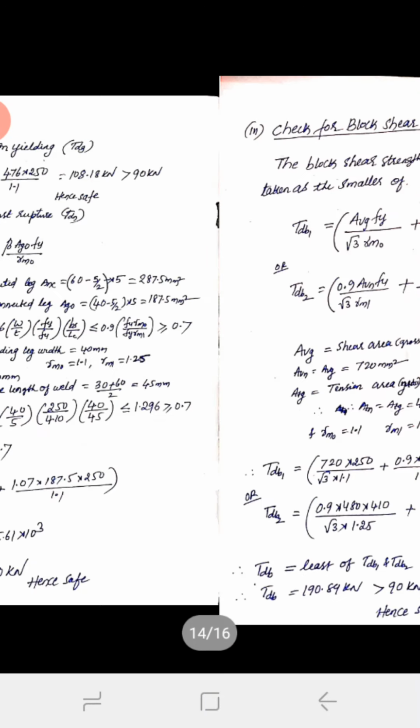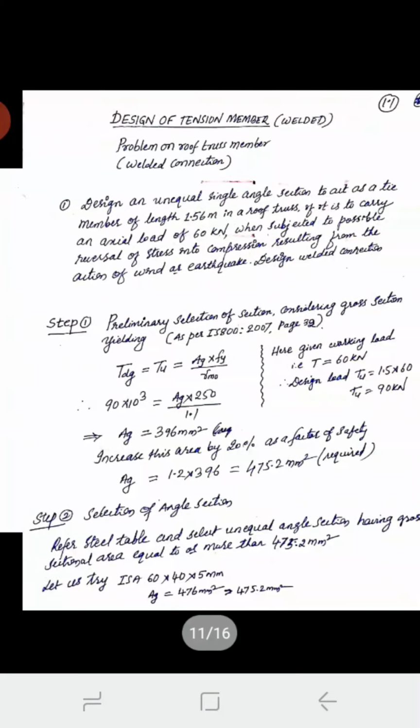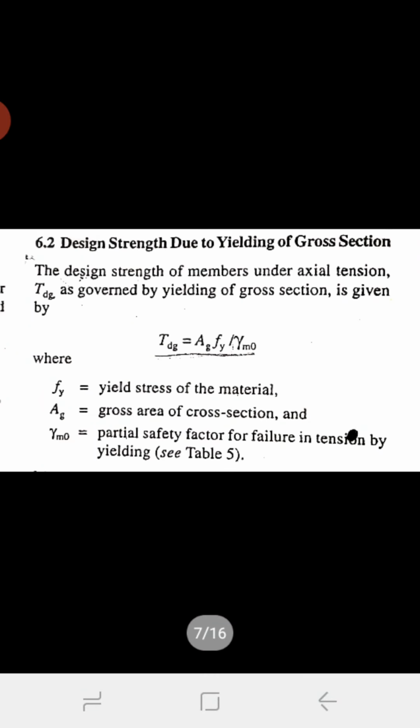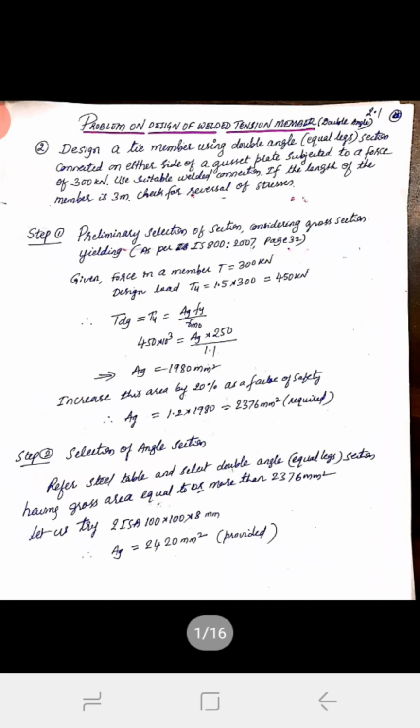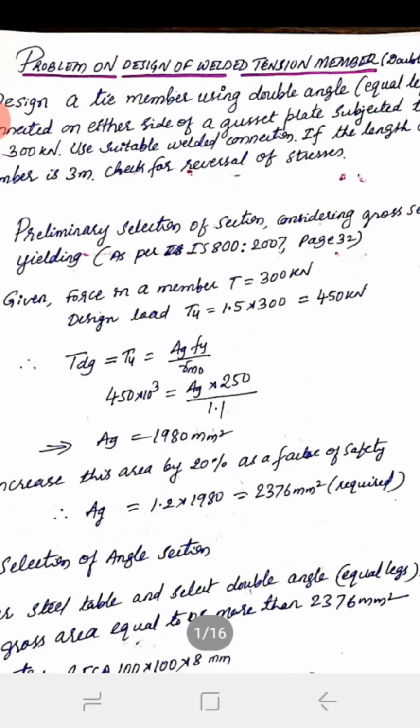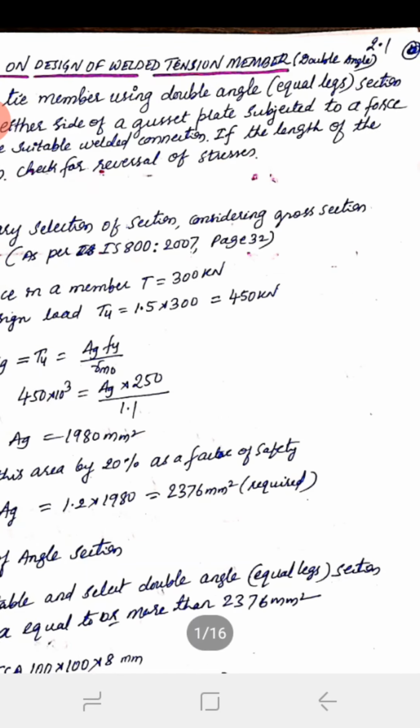So let us take one more problem, on a double angle section. Again the same welded connection only. Problem on design of welded tension member taking double angles.